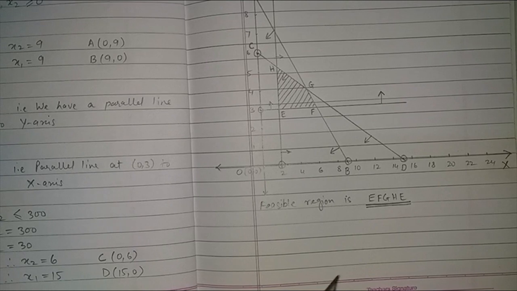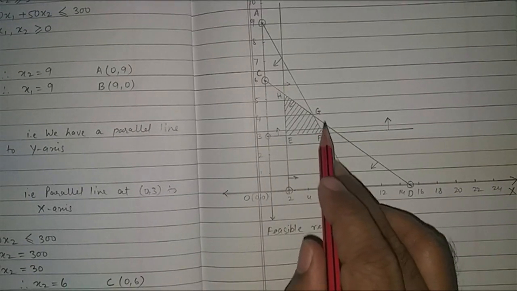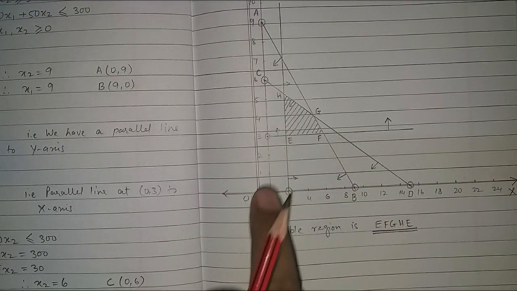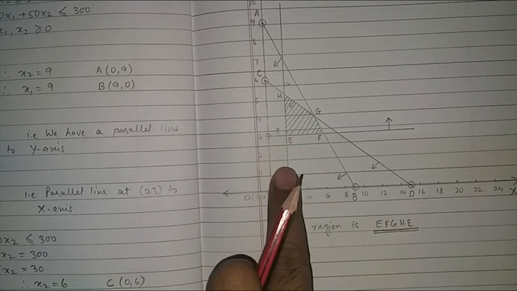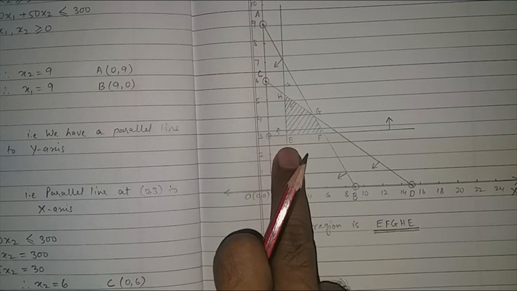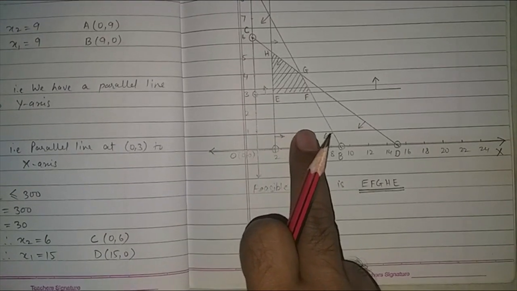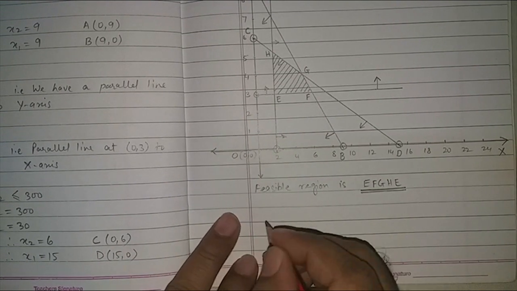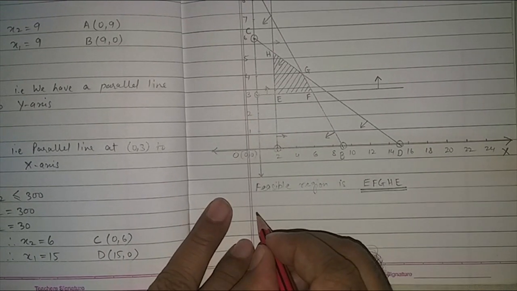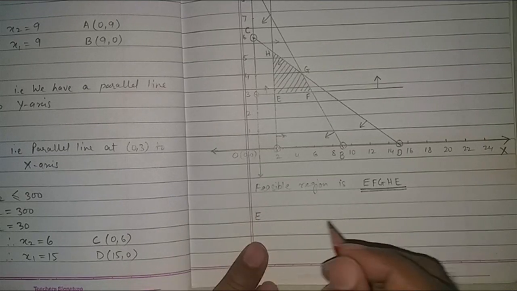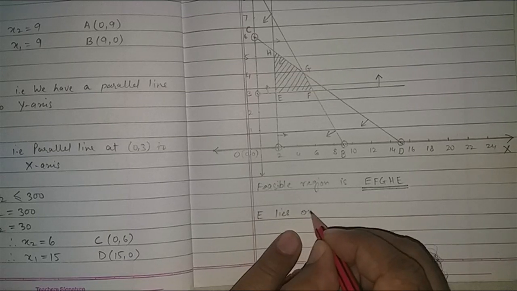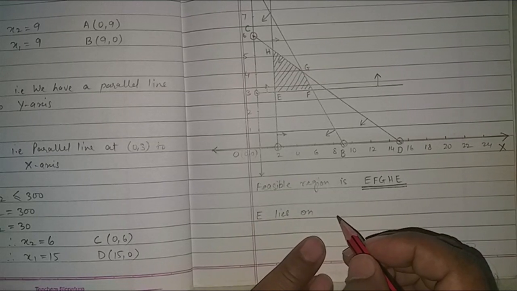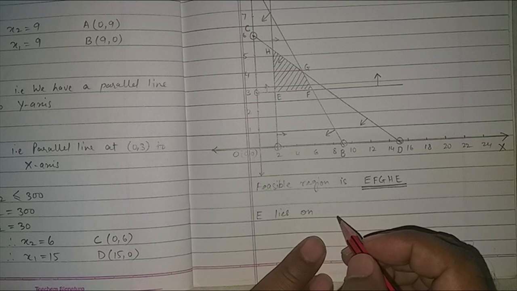Now to find the coordinates of each point E, F, G and H, we need to check which two lines are crossing and forming this point. Using these two lines' equations, I can easily find out the value of E. So let us find out the value for E. What is E here? E lies on two equations. If I want, I can number these lines also and then use them.